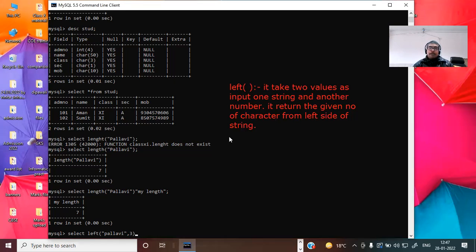What will it return? Can anybody say? Unmute yourself. What will it do? Who will say? Ayush, can you say what it will return? Unmute yourself, Ayush.